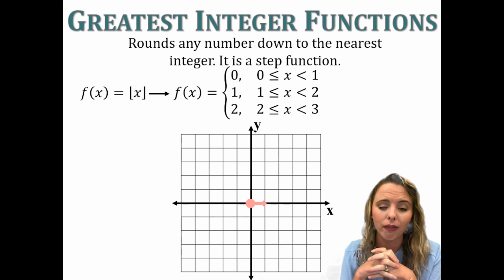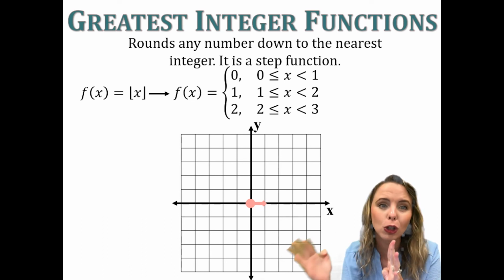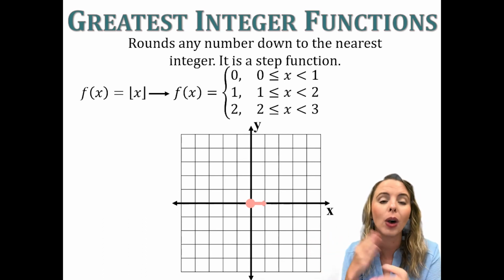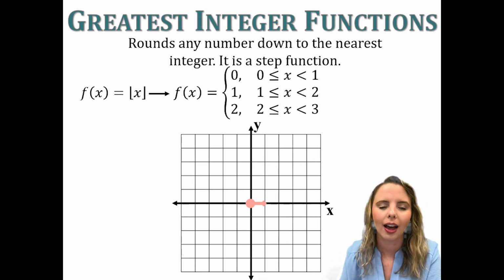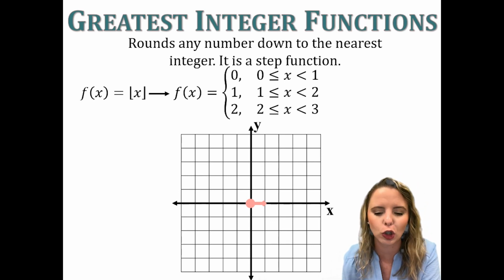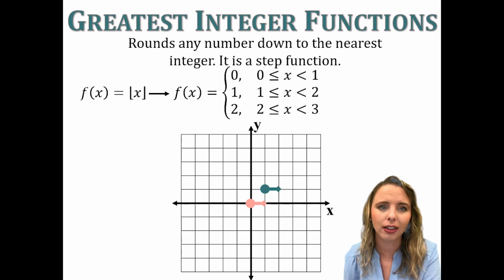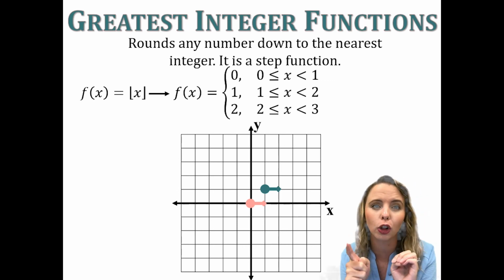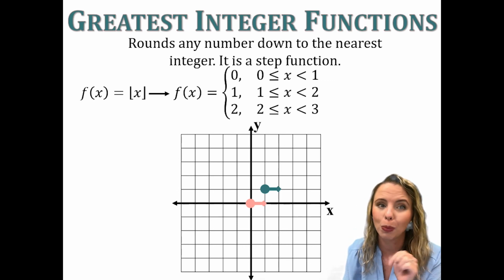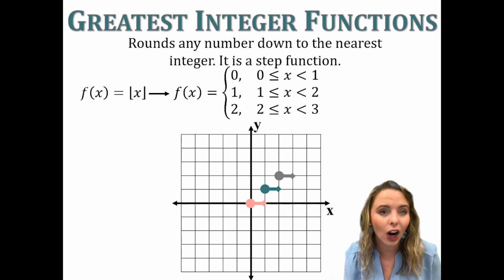Our next value is 1 for anything that is a 1 all the way up to 2, but not including 2. So 1.9999999999999. Get it? Okay. Not quite 2, but as close to 2 as you can get is going to round down to 1. And lastly, our constant function is 2 because it's anything including 2 all the way up to, but not including 3. So 2.99999, y'all knew I was going to say that. So we have 2 to 3, and that is our greatest integer function.